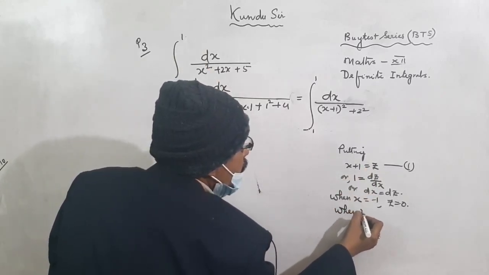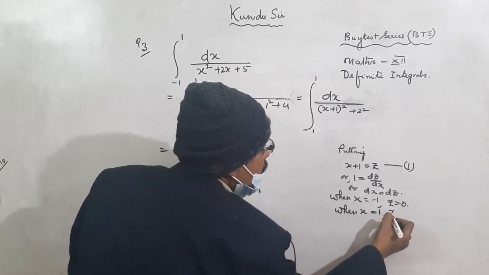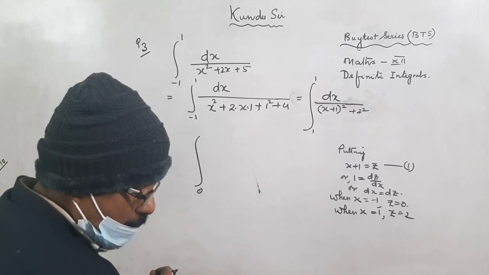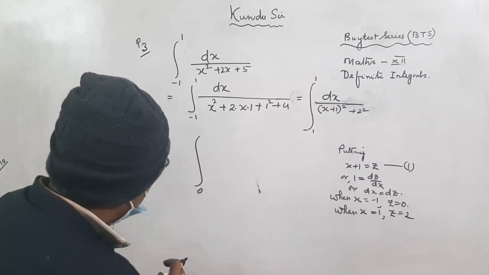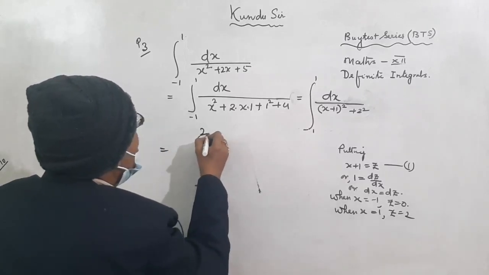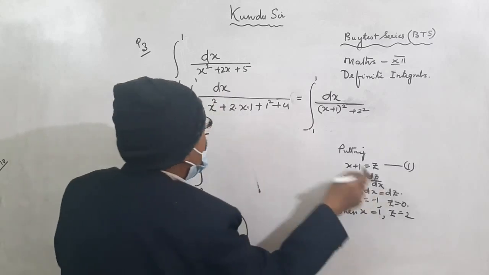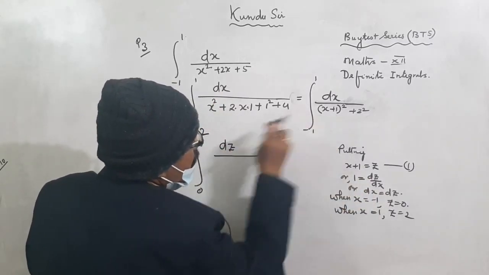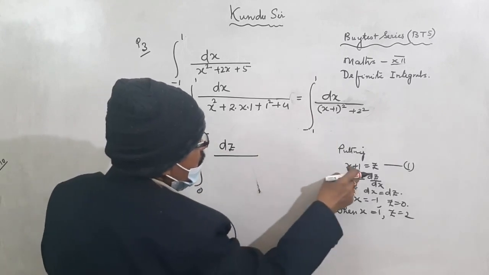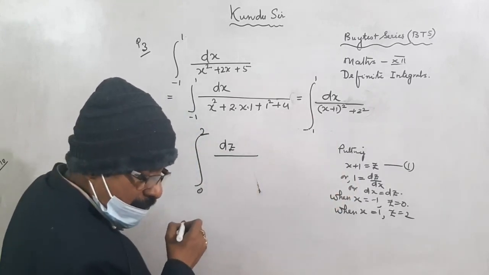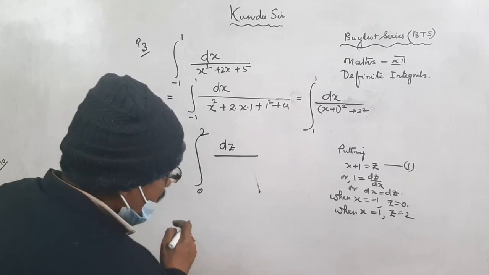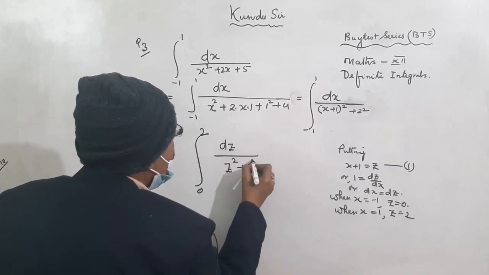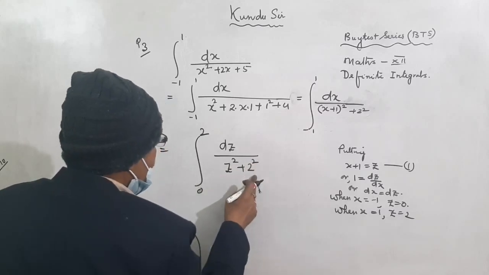So the limits become 0 to 2, and dx equal to dz, upon z square plus 2 square.